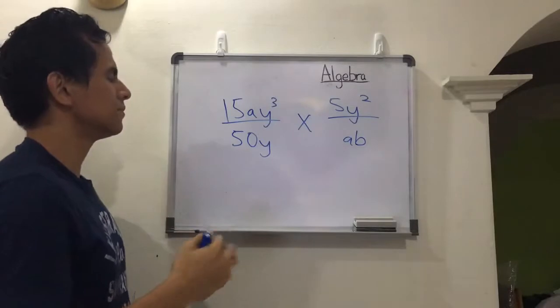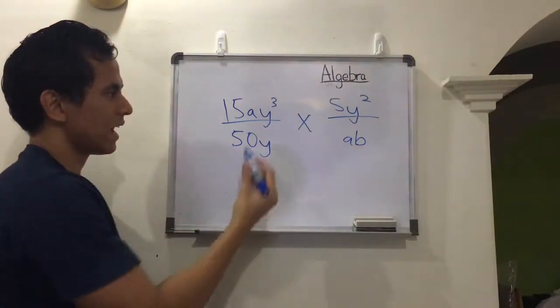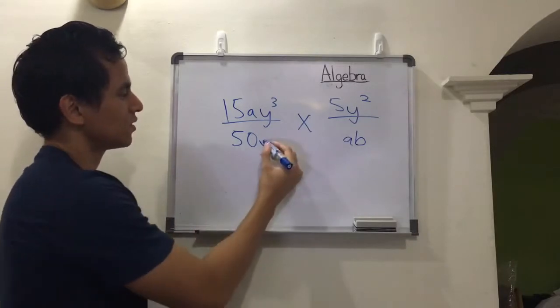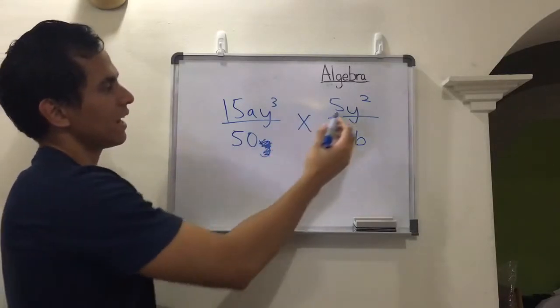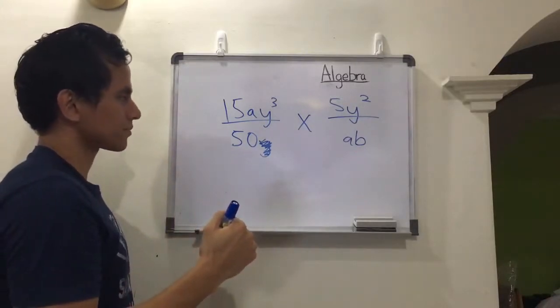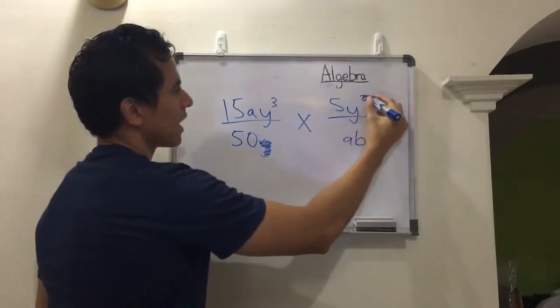So let's see. There's a y here, and there's a y in both sides, so we can actually just go ahead and cancel them out. So cancel this y, and y squared we cancel out, right? So this will just be y.